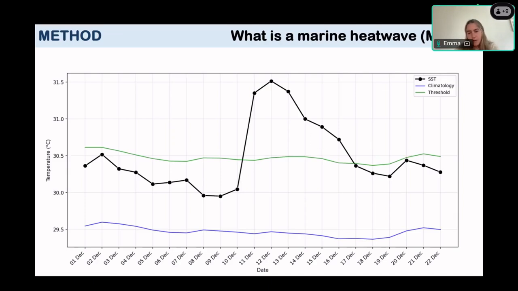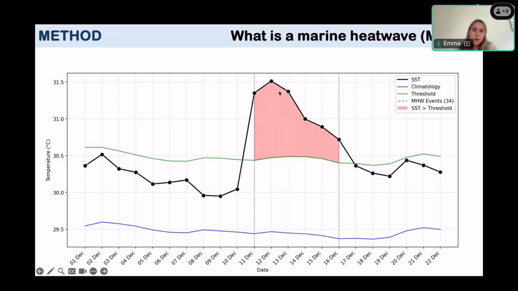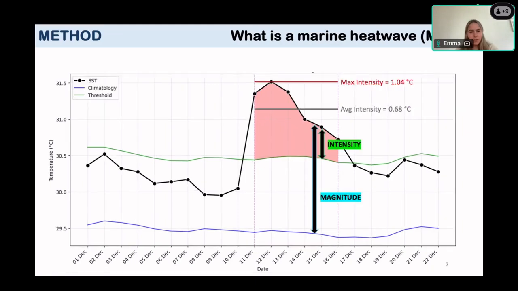So then, following the definition by Hobday et al., a marine heatwave event is when sea surface temperatures are above this extreme threshold for at least 5 days, with 2 days gap allowed. So this was, for example, a 6-day long event. And some characteristics of marine heatwaves are magnitude and intensity.